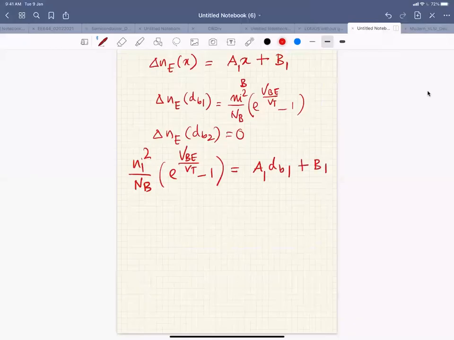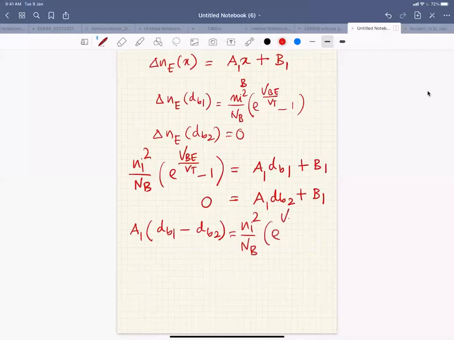And this will be 0, A1 dB2 plus B1, right? So here I could write down A1 dB1 minus dB2 is Ni square NB e to the power Vb by Vt minus 1, and from here you could find A1.